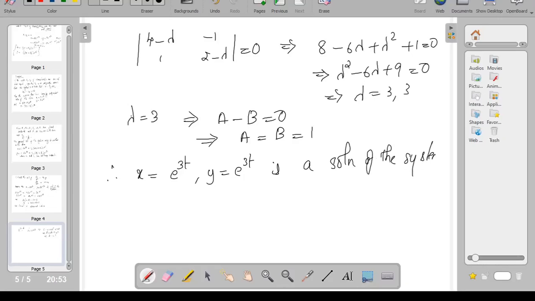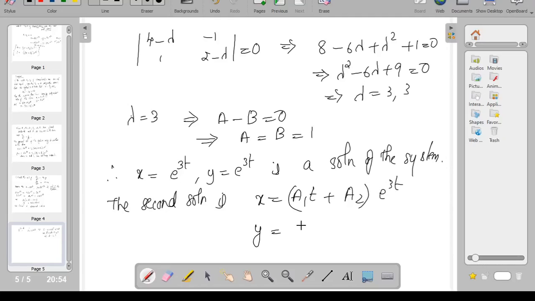Now the second solution is x equal to a1t plus a2 e raised to 3t, and y will be b1t plus b2 e raised to 3t.